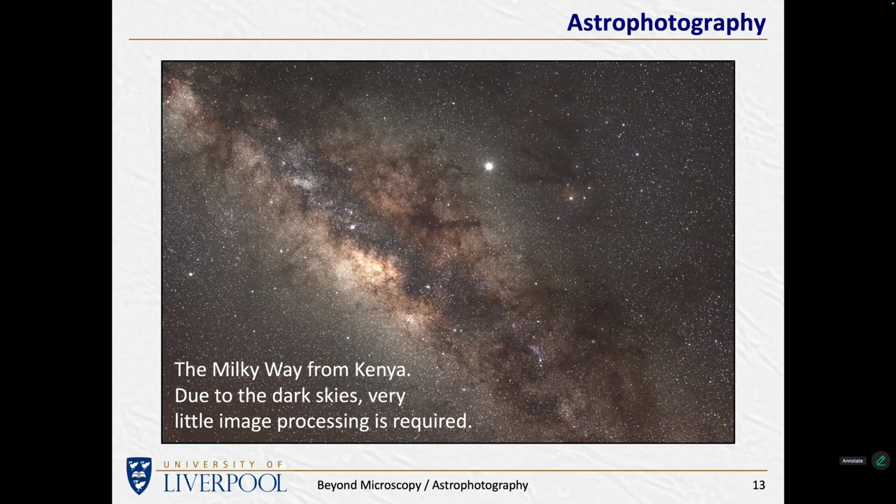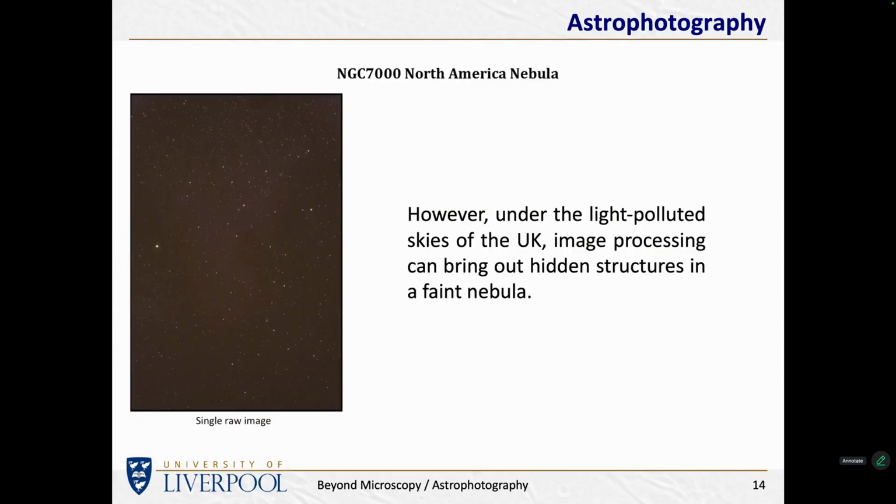And because there's very little contamination, very little light pollution stopping us from imaging what we're interested in, the Milky Way and the stars and the planets, we didn't need to do much to the image. But if we were to take a similar sort of image from the UK, especially from a city, then because of the light pollution that we tend to find in towns and cities, it can be a lot more difficult and require a lot more image processing to extract the information that's in the image.